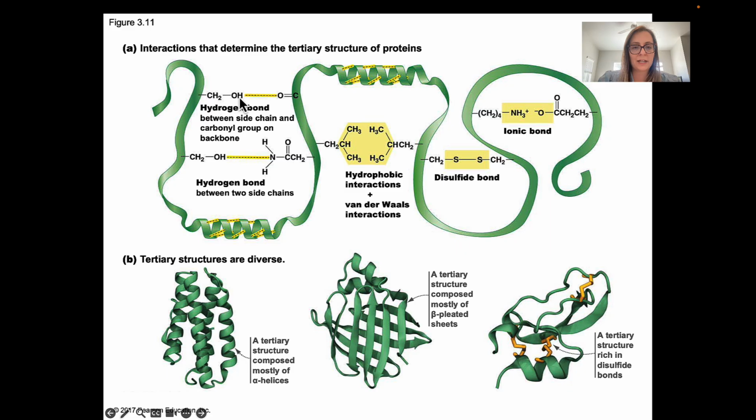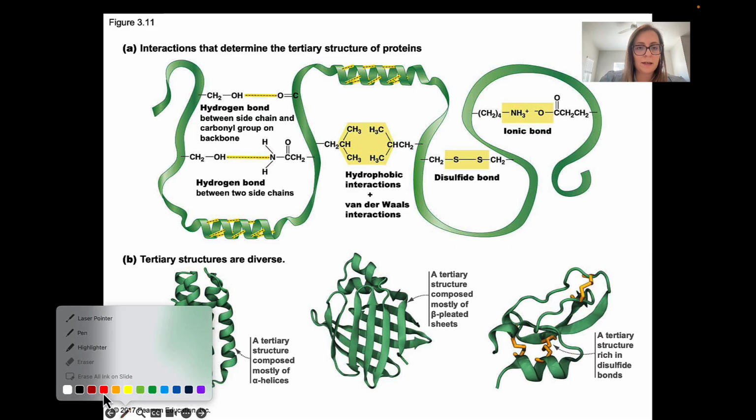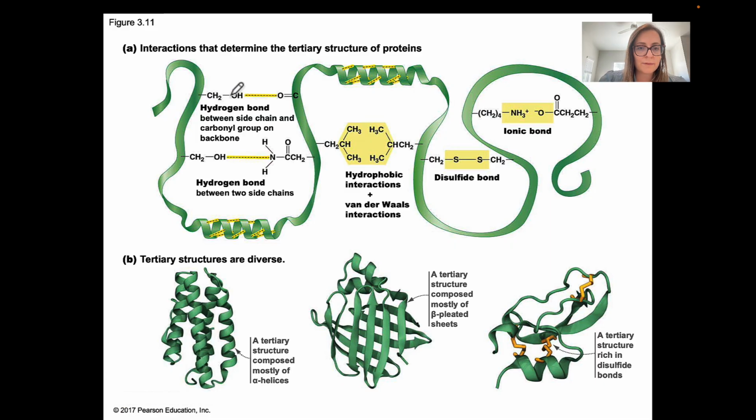Here we have a side chain with a hydroxyl group coming out, and because the oxygen is going to pull the electrons, it's going to create a partial positive charge on this hydrogen. Then this carbonyl group, part of the backbone, has a more electronegative oxygen, so it's going to have a partial negative charge. And so here we have a hydrogen bond forming between a side chain and the backbone.